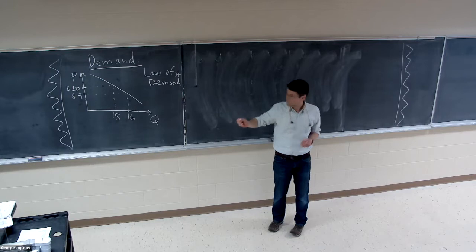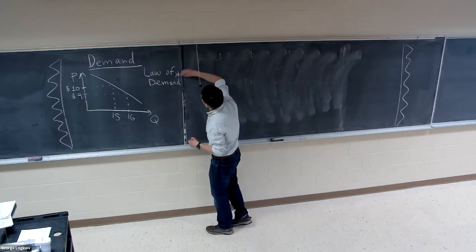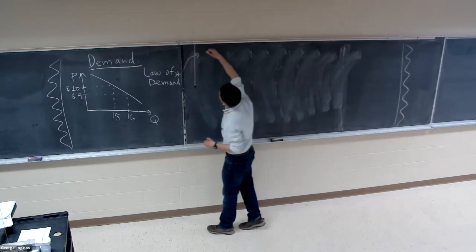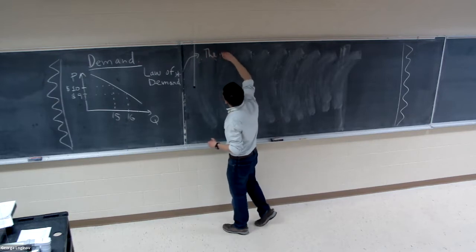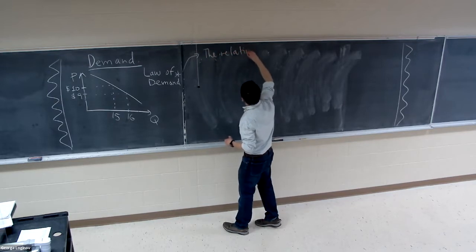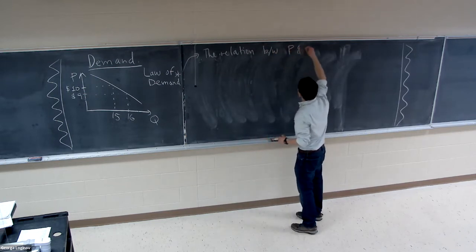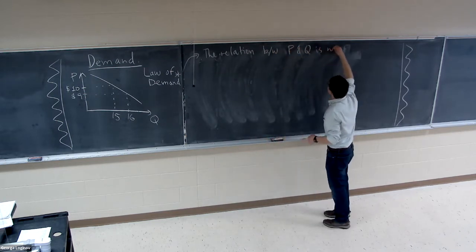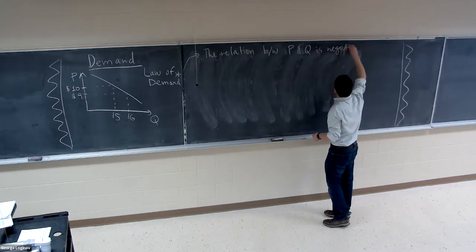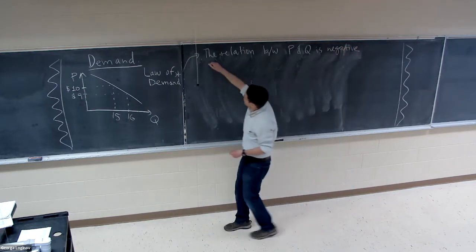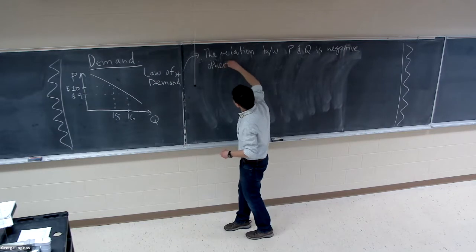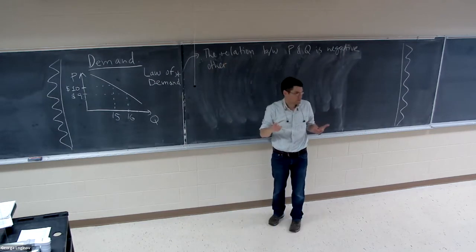So here, the relation between price and quantity demanded. Well, I can say other things being equal, or I can be more formal, and I can say other factors held constant.